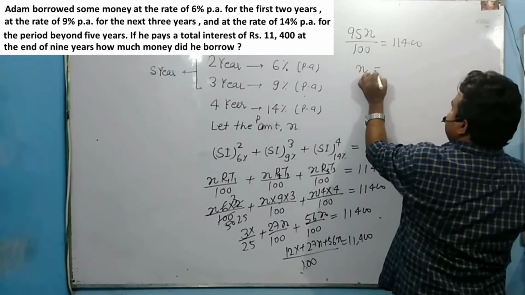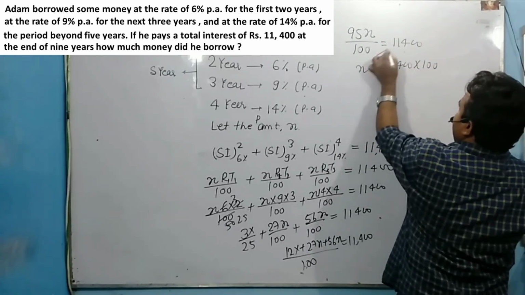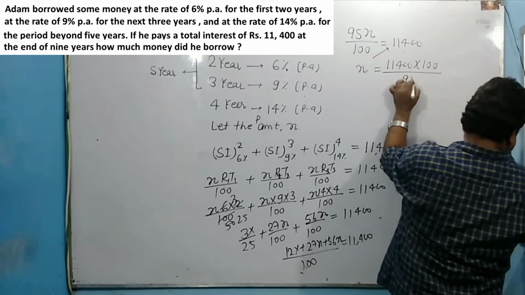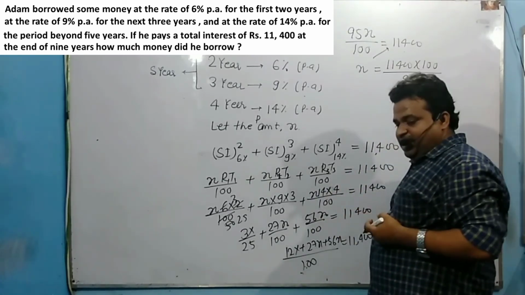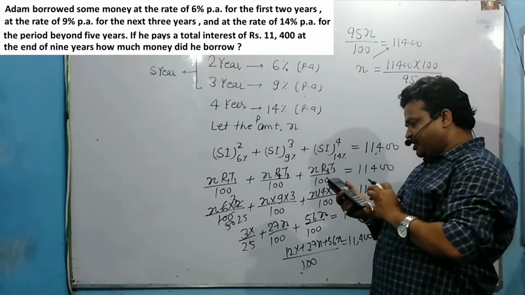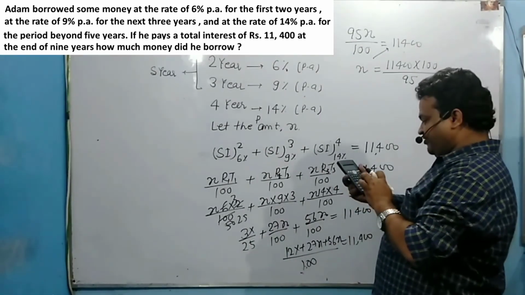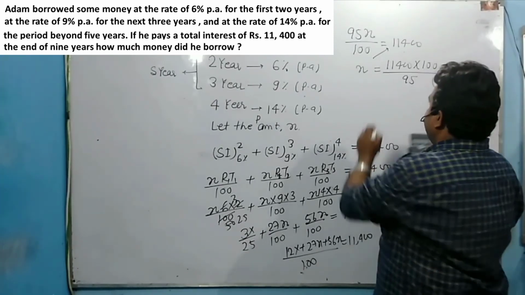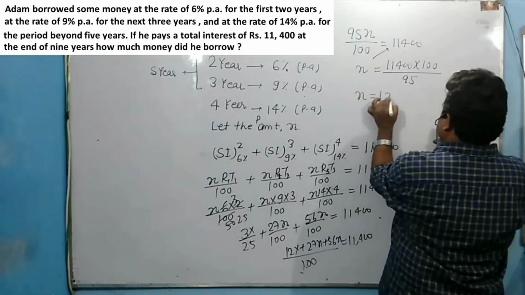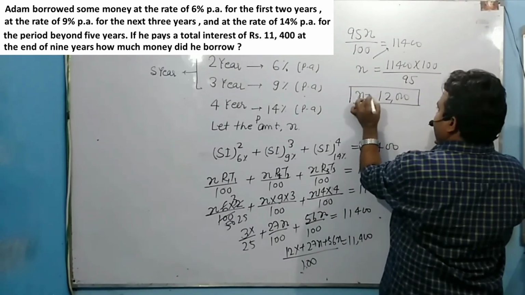Now what is x? x is 11,400 cross multiply, divide by 95. Now with the help of a calculator you can calculate this value. This value is 11,400 multiplied by 100 divided by 95. So you will get my x value is how much? 12,000.